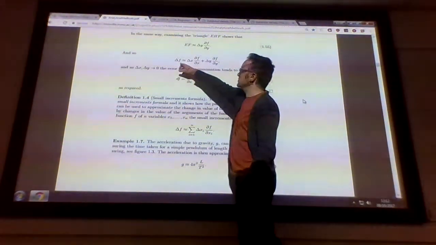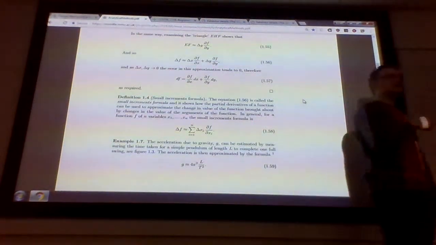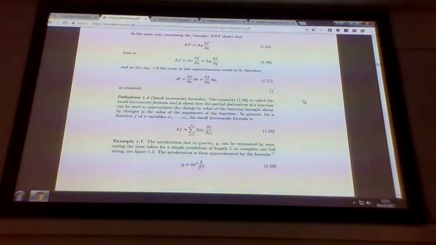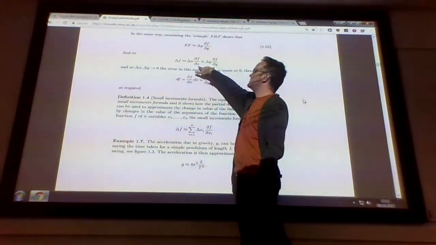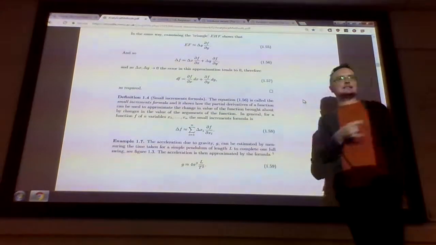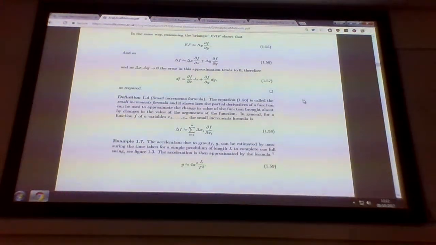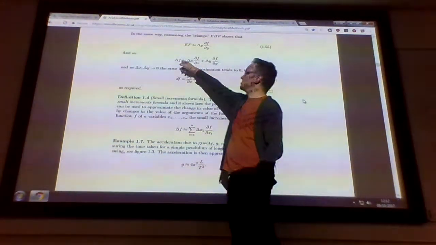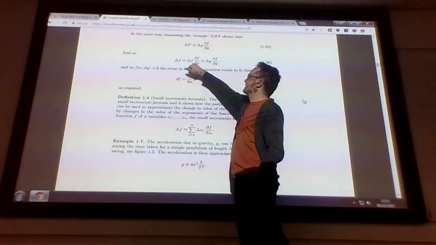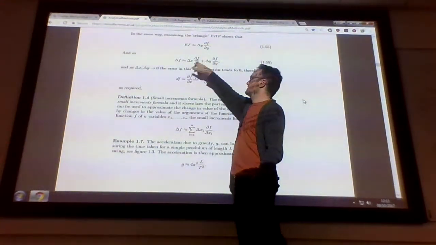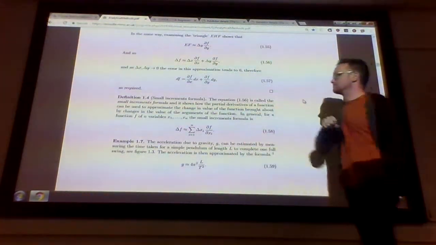If you were using this to approximate the change in value of f between some starting values of x and y and then their new changed values, then these partial derivatives would be evaluated at the starting values. Okay? So they would give you the numerical linear coefficients there that approximate the change in value that the function undergoes when delta x and delta y change by these amounts.